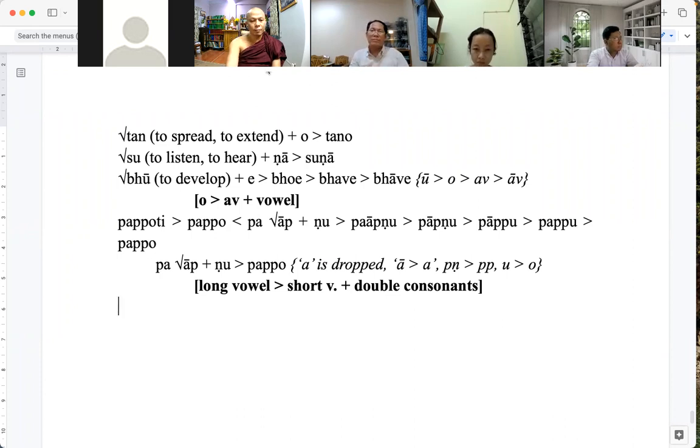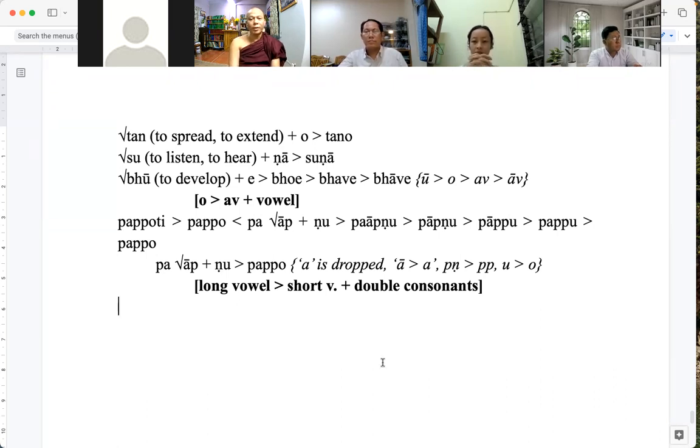Excuse me, Bante. How can we check the root of the verb in Pali? Do you have any website or link to check the root of a verb? The root of the verb, actually, we have a dictionary.